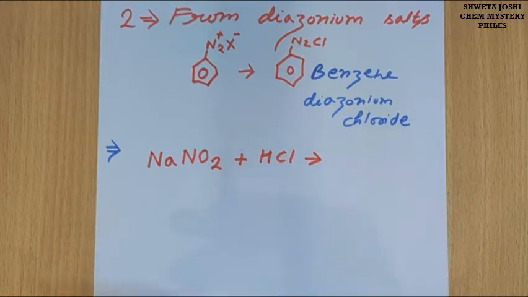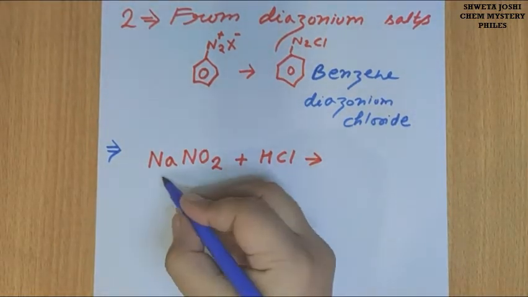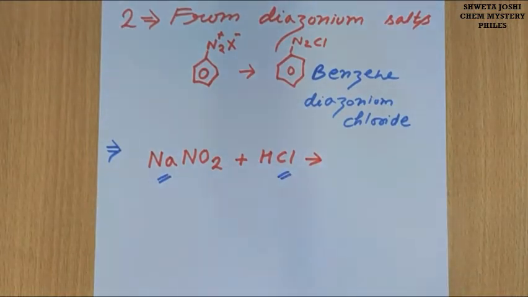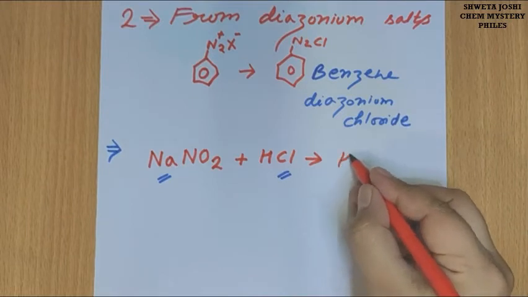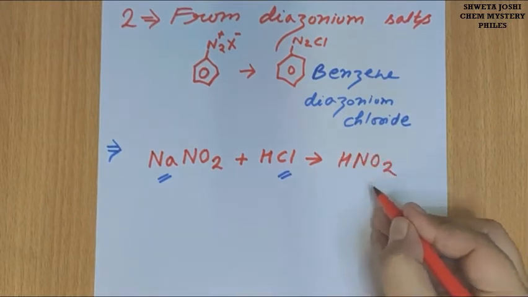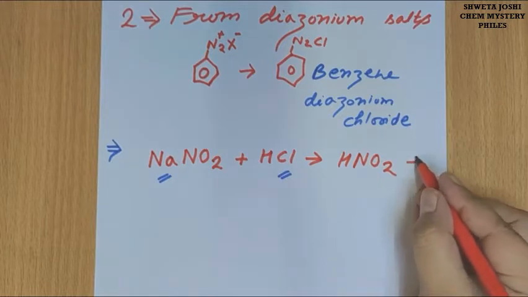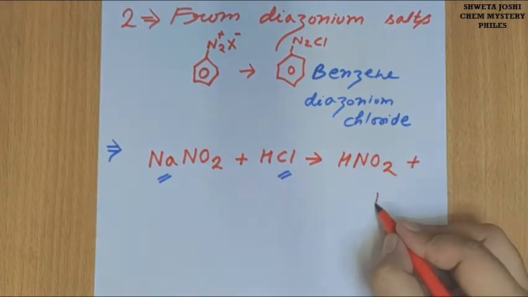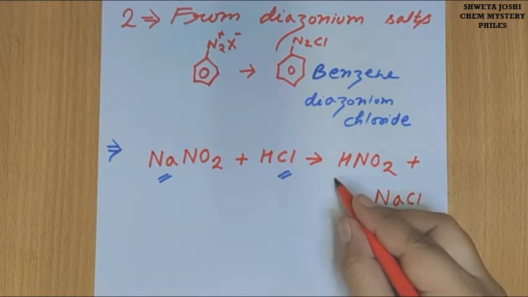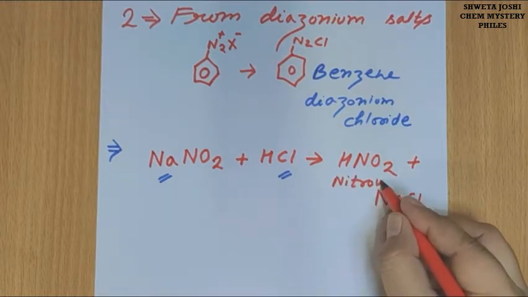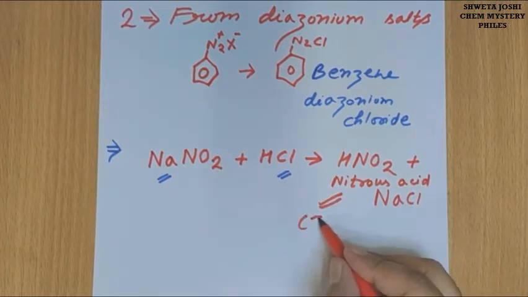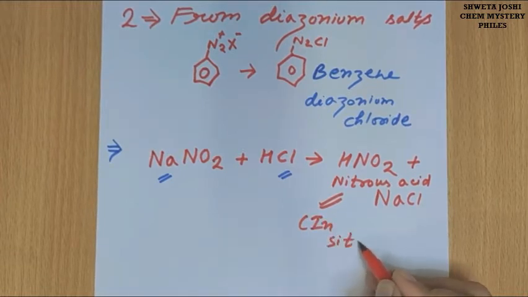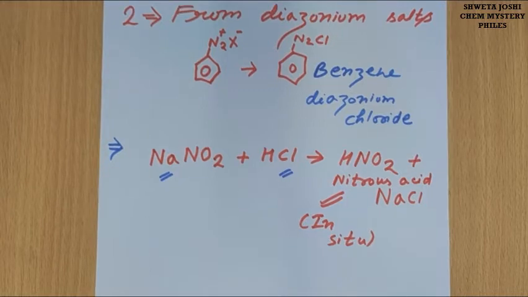In this reaction, the Na part is removed with Cl, so NaCl is removed, and this H will combine with NO2, and HNO2, that is nitrous acid, will be formed. This nitrous acid prepared in situ is now used in the second step.